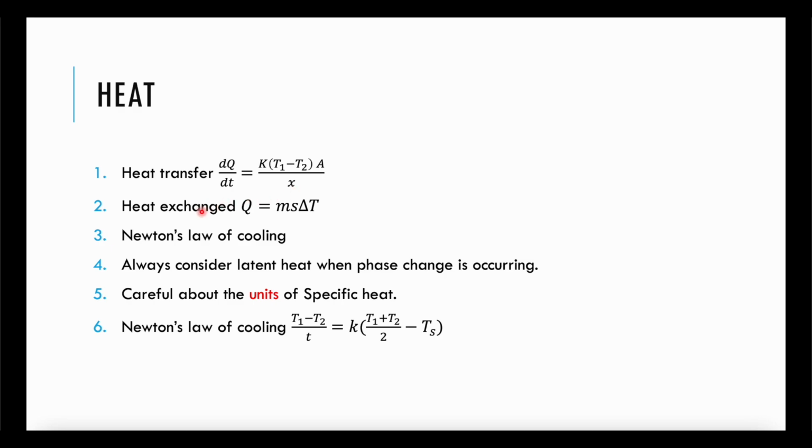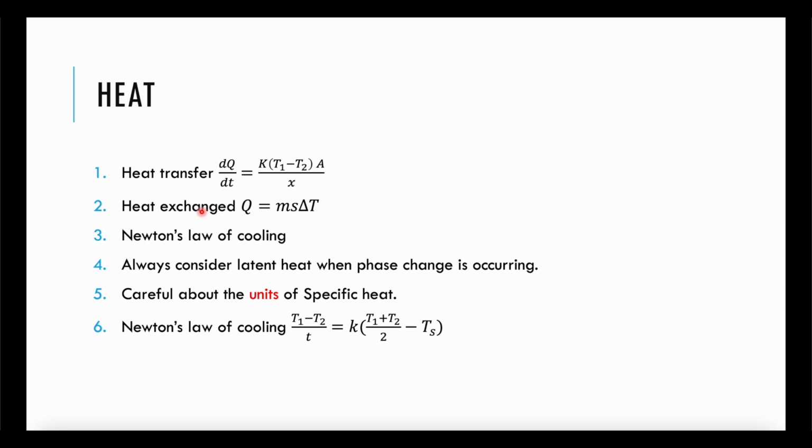And the second most used formula is the heat exchanged for a material with mass given, specific heat given, and the temperature difference given: Q is m s delta T. And remember, in these problems there are some kind of phase transitions involved, that is, ice is melting to water and then the temperature of water increases, and then the water turns into vapor, and then there is an increase in temperature of vapor.